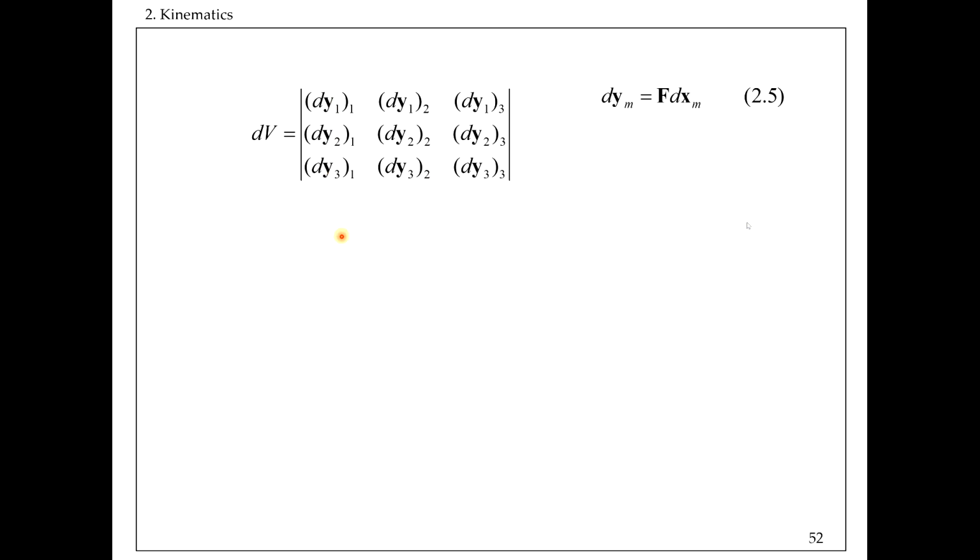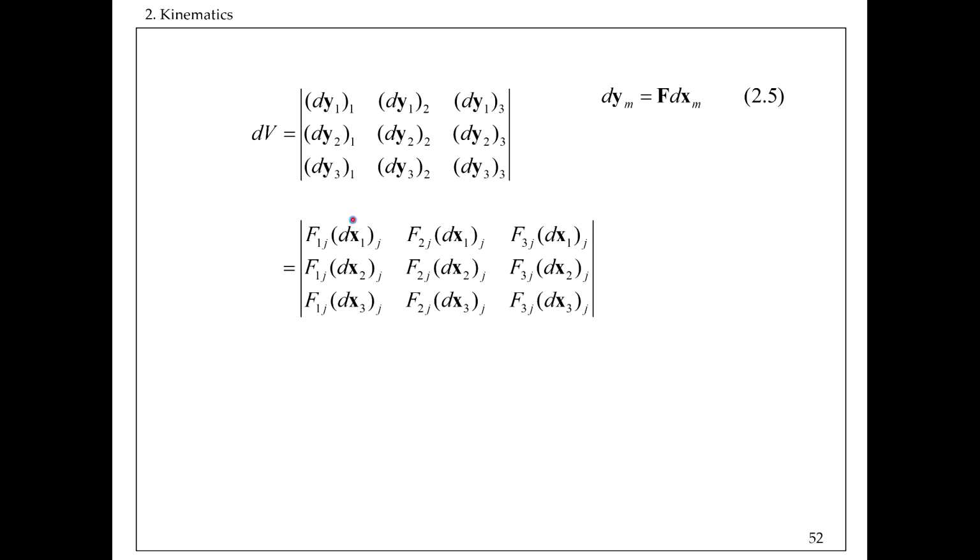Let's look into that one component. This is again the name, so that's why we keep parentheses here. This one is not an index, but component 1 of that new vector dy1 will be F1j. So we need to do a summation here, but this is again our usual thing that we do, right?